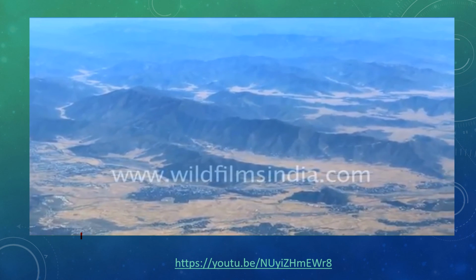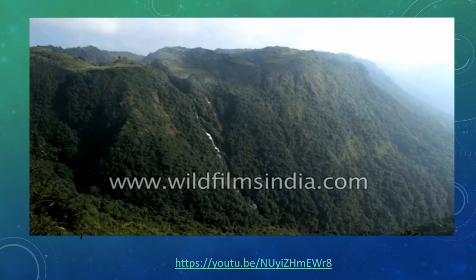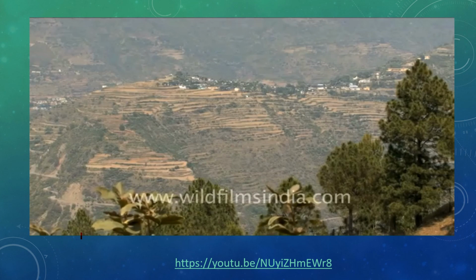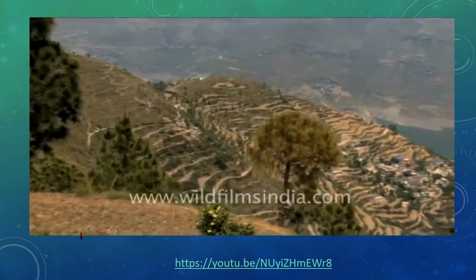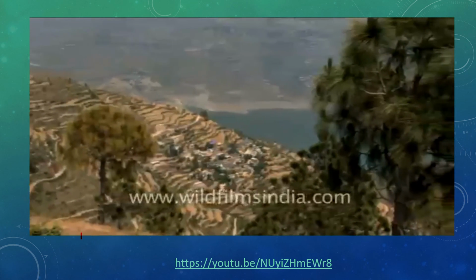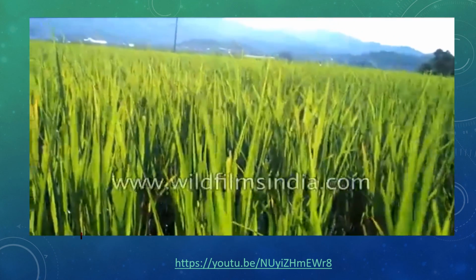Garo, Khasi, Jaintia, Naga, and Mizo hills lie in the Purvanchal range. Terrace farming is practiced in this region. In this type of farming, the slopes of a hill are cut into steps and crops are grown on them. Rice, vegetables, pulses, and sugarcane are grown here.